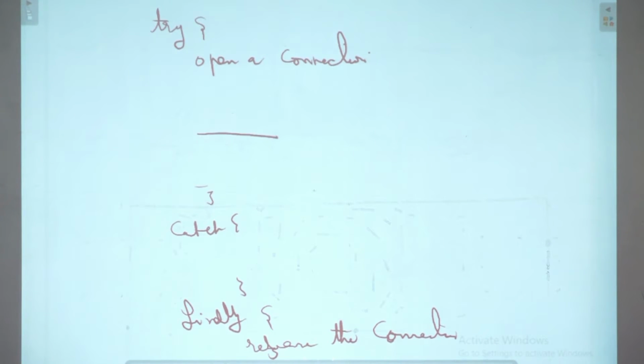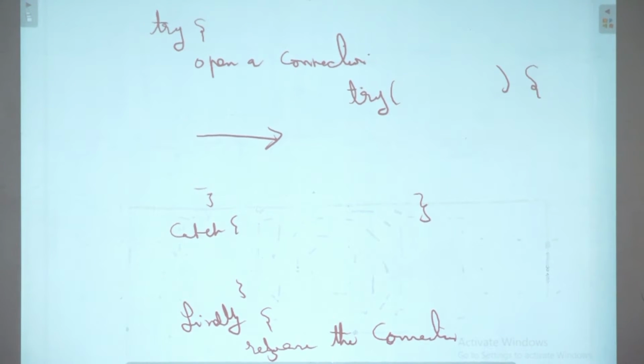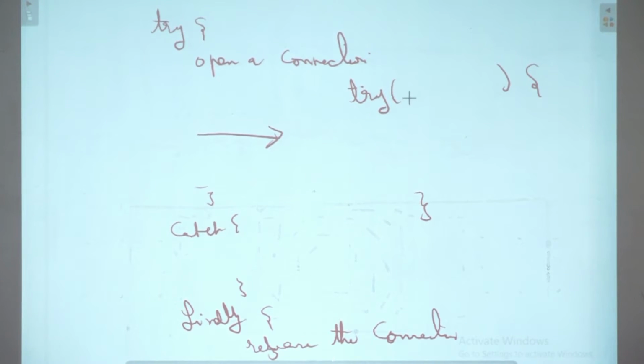Now, in version 7, they introduced a slightly different version of the try block, which has a piece of code before it starts the bracket. Look at this. This is a slightly varied form of try, which is called try with resources.